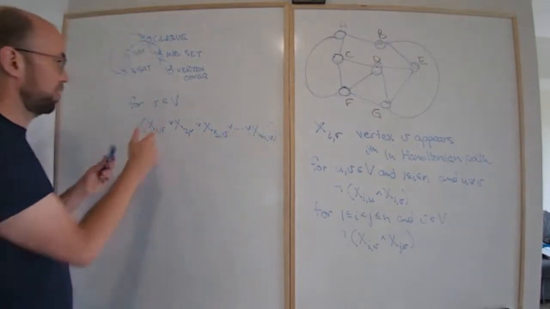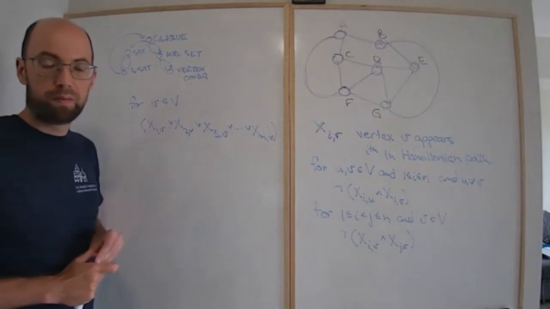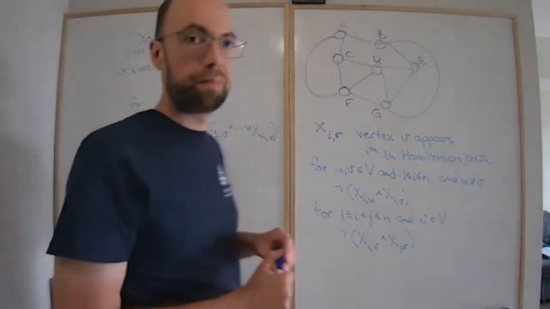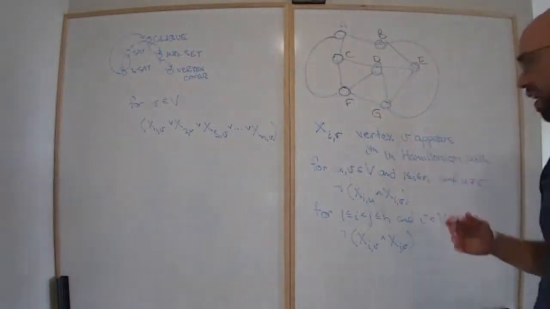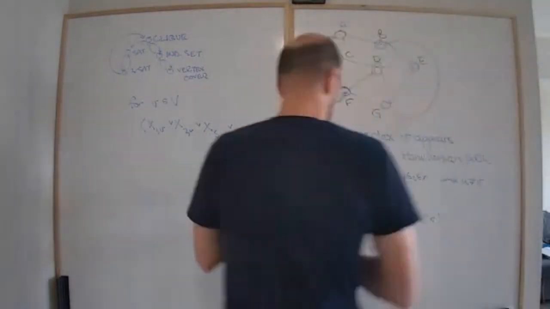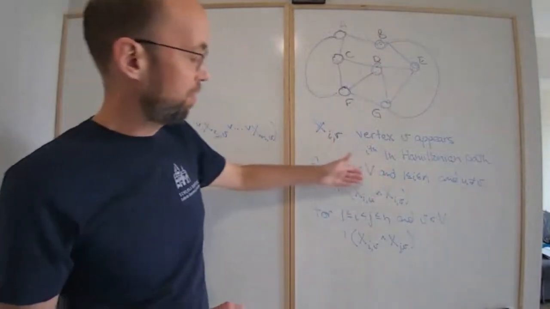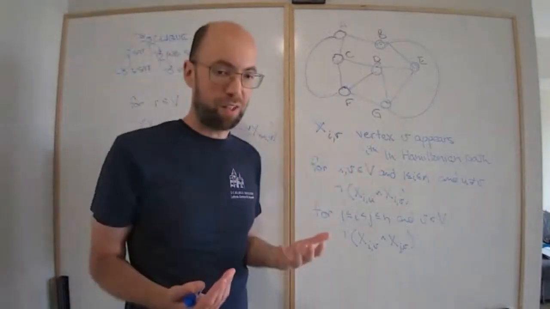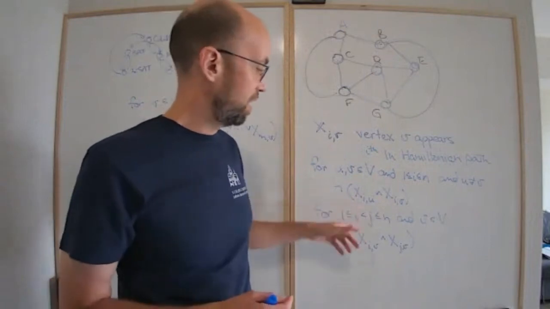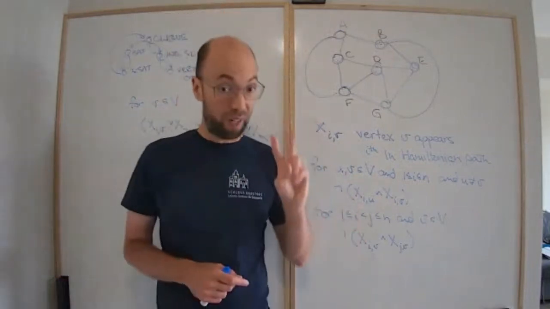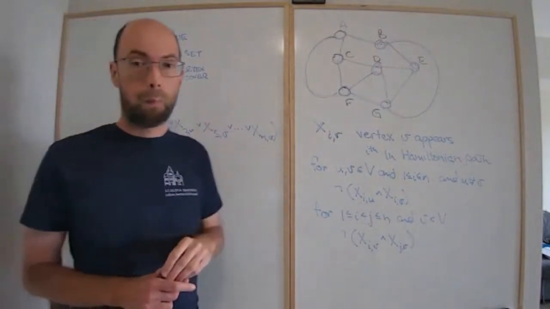So this is just saying that for all of the vertices, they appear somewhere in the path, right? So we're saying, I should stand in front of the microphone. We're saying that for any pair of vertices, they don't occur in the same position in the path. For any i and j, no vertex appears twice. Every vertex has to appear.